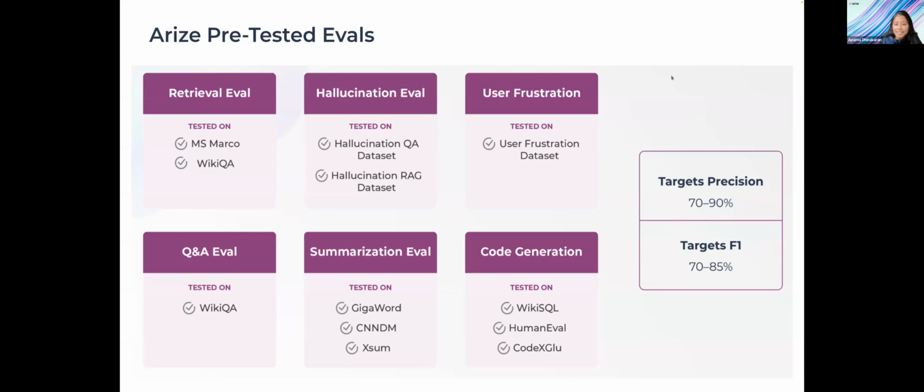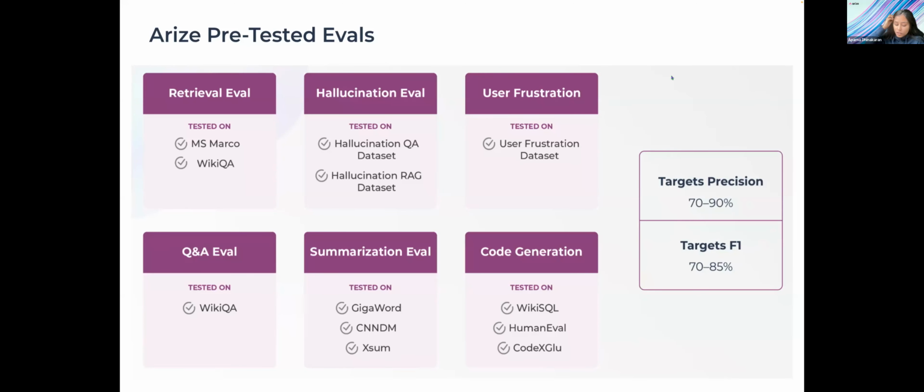People want to test for retrieval because they have a retrieval application. Hallucinations are important. Then user frustration: if it's a chatbot, how frustrated is the user getting? There's support for toxicity too.